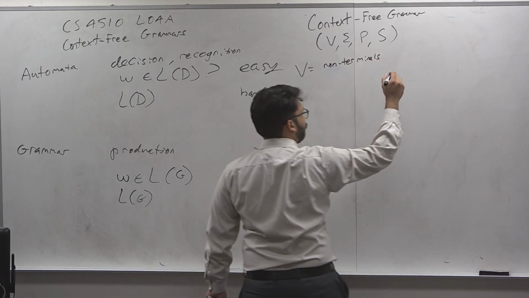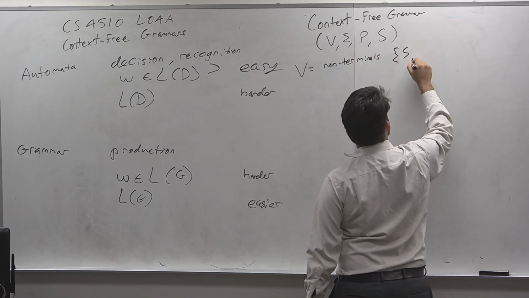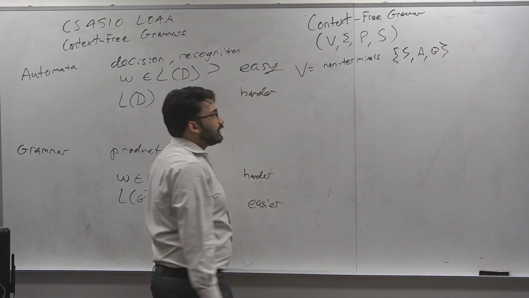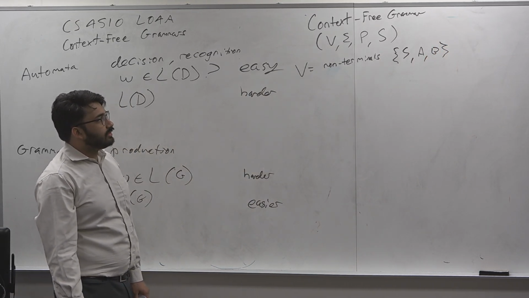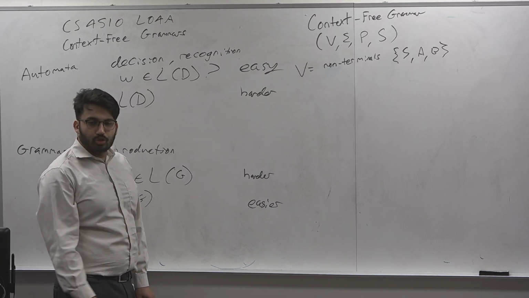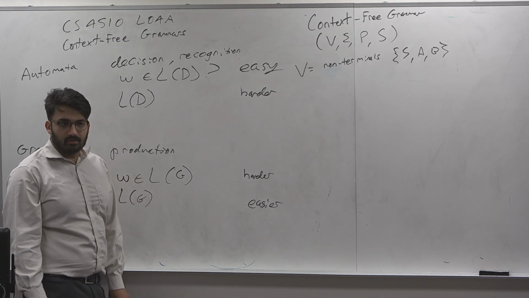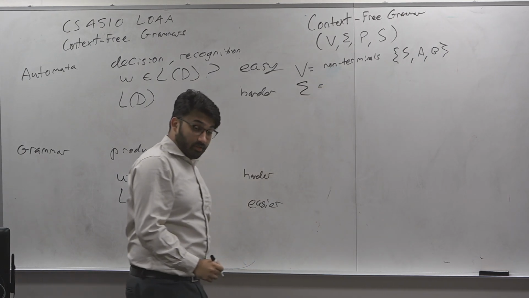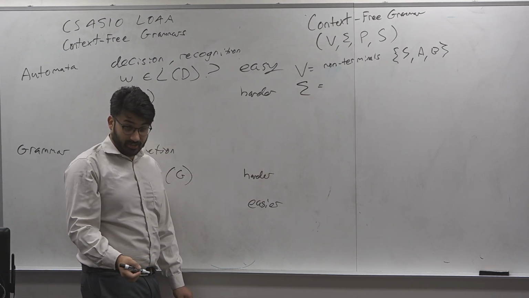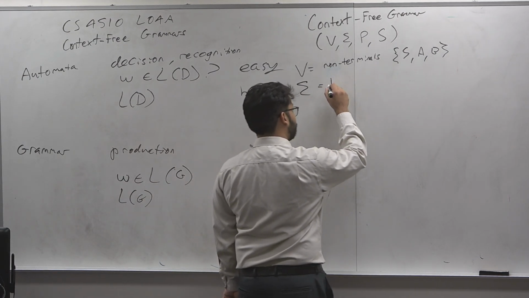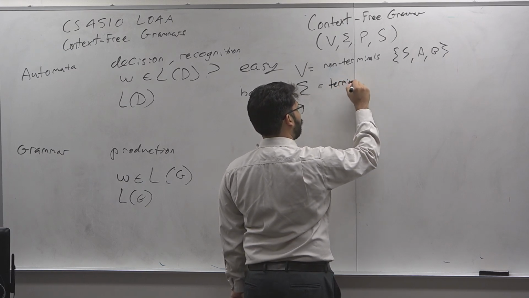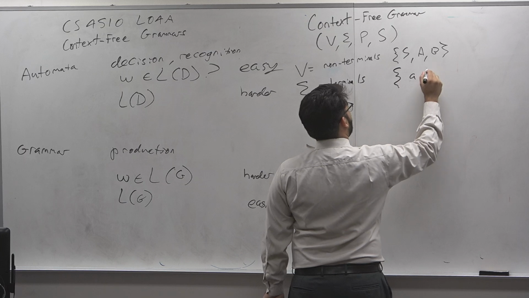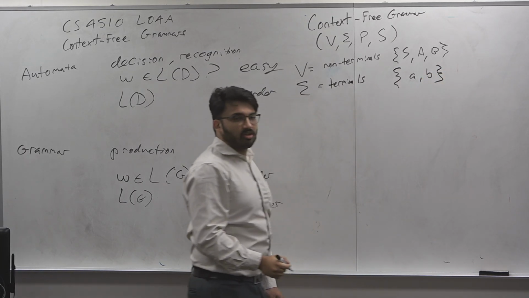For example, V could be S, A, B. It's finite, it's non-empty, and we usually denote non-terminals as capital letters. Sigma is our alphabet, but in the spirit of formal language theory, we call it terminals. This is usually going to be lowercase. That's the way we'll distinguish a terminal from a non-terminal.